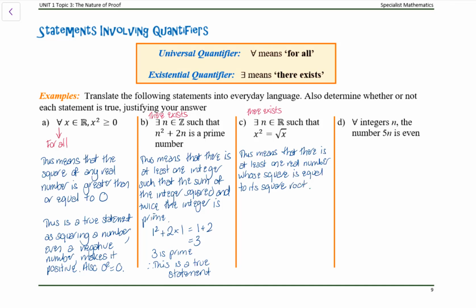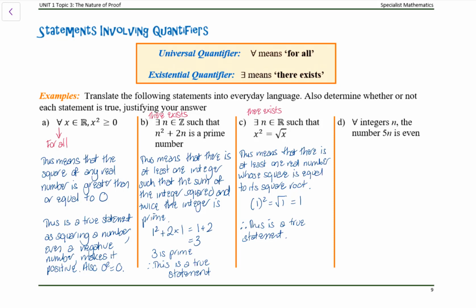Can we find an example? 1 squared equals the square root of 1, which equals 1. Therefore, this is a true statement. Again, you only need one example that works.